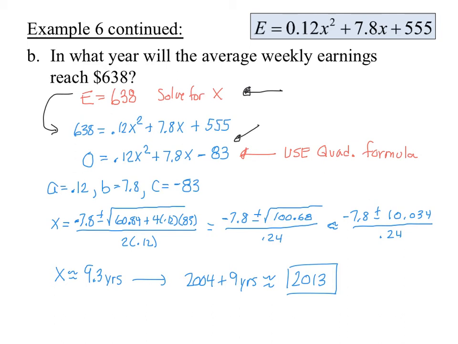And now we can use the quadratic formula and set up a, b, and c. So a is equal to 0.12, b is equal to 7.8, c is equal to negative 83. When we plug that into the quadratic formula, we get x is equal to negative 7.8 plus or minus the square root of 7.8 squared, which is 60.84, plus 4 times 0.12 times 83.